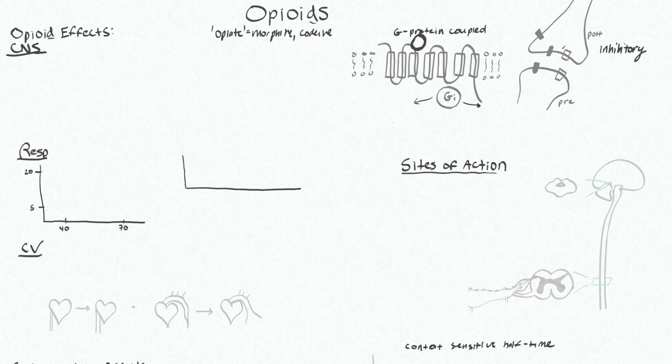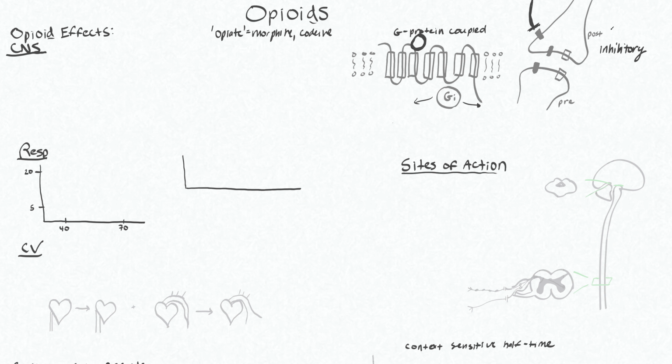These receptors can be found in the synapse itself, so either postsynaptically or presynaptically. And then there are also extrasynaptic opioid receptors that allow other cells to come in and communicate or alter the communication between this pathway.